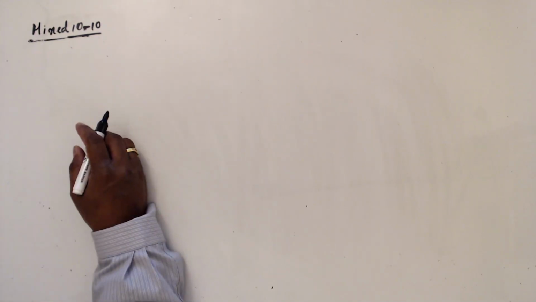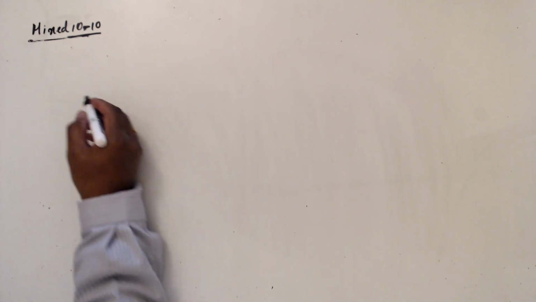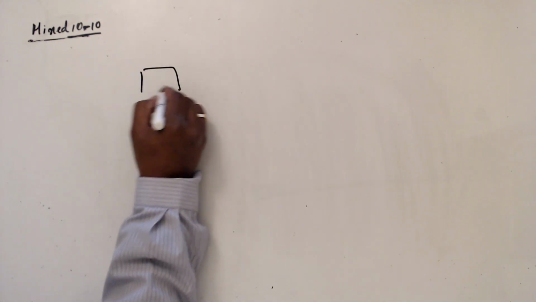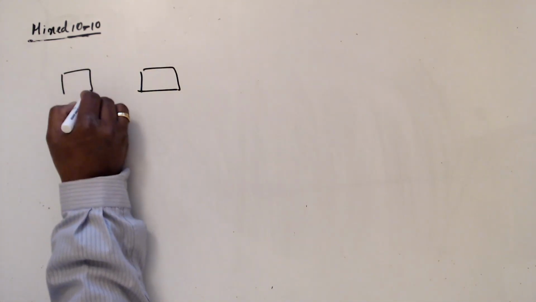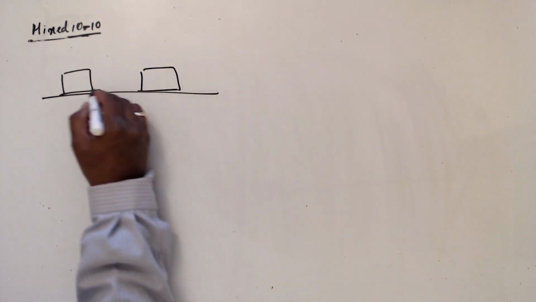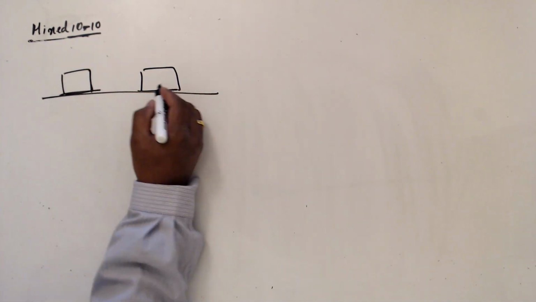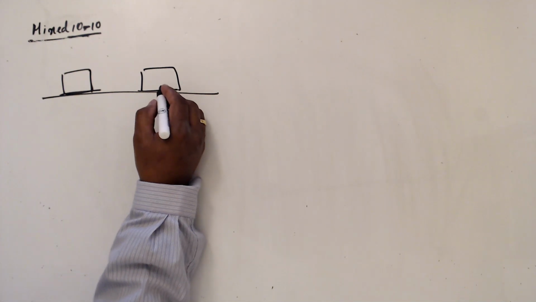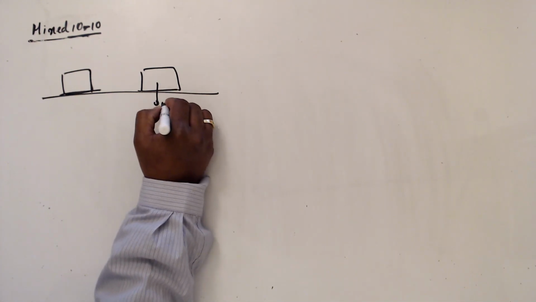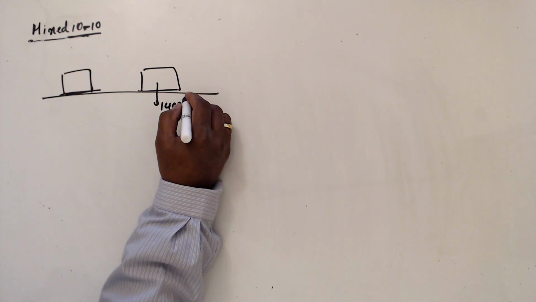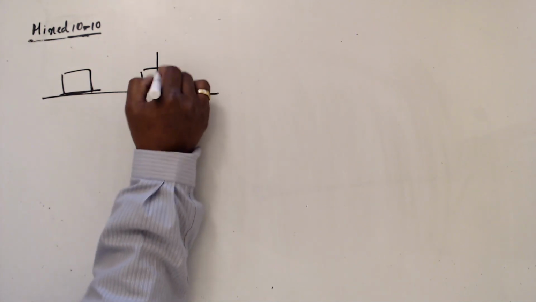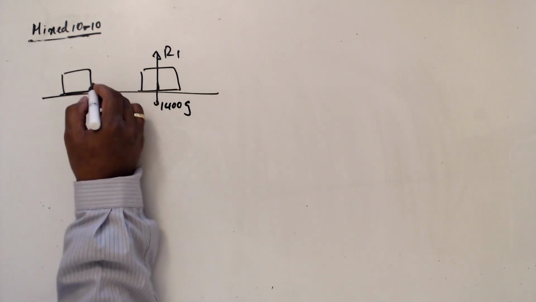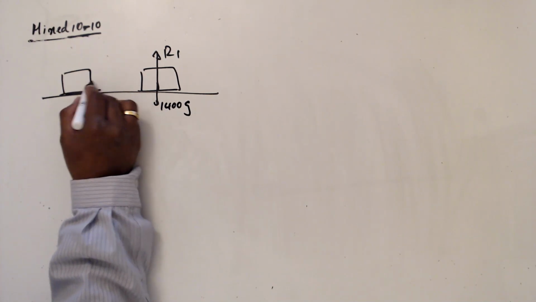Question number 10. The car is driving its trailer on a straight horizontal road. So two particles, car and trailer. The car's mass is 1400 kg, so that is 1400 G, and the resultant force is R1, and it is upward.